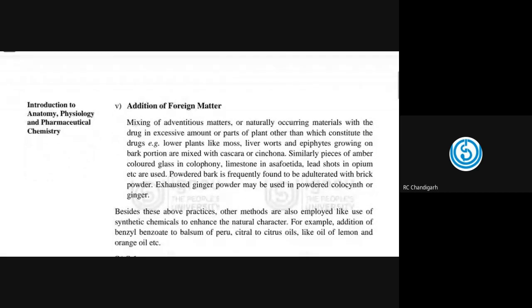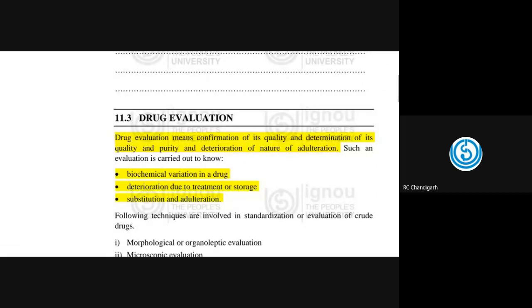Or addition of foreign matter: mixing of adventitious matters or naturally occurring materials with drug in excessive amount, or parts of plant other than which constitute the drugs, can be called addition of foreign matter. Now, how to do a drug evaluation?